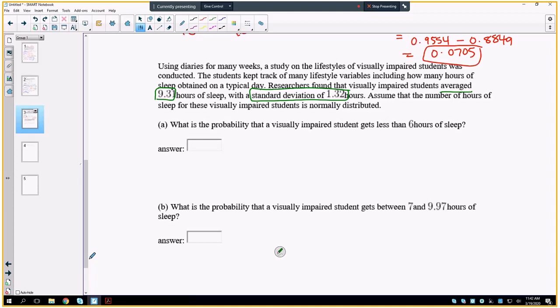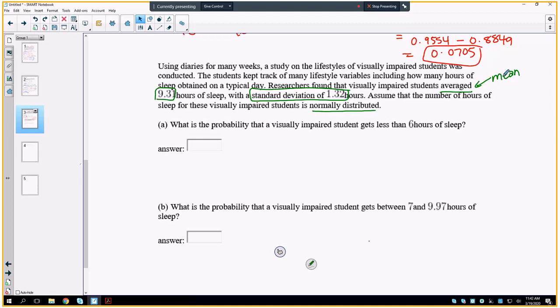In this case, they say average, but we know that average is another way of saying the mean. So mean of 9.31, standard deviation of 1.32. And we assume that it's normally distributed. Very important.